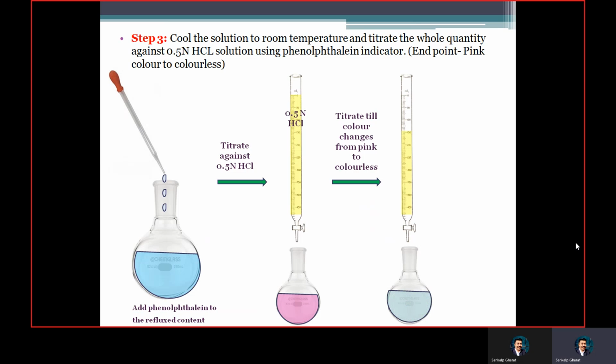So the endpoint is, initially it is pink, and after titrating with 0.5 normal HCl, it would turn colorless. Note down the titer reading, the amount of ml of 0.5 normal HCl which is needed, as V1.